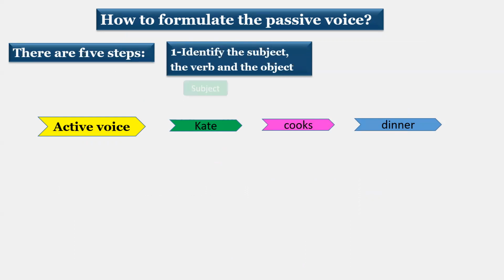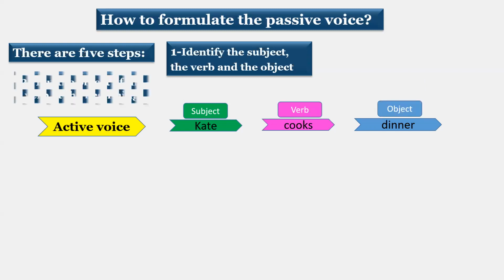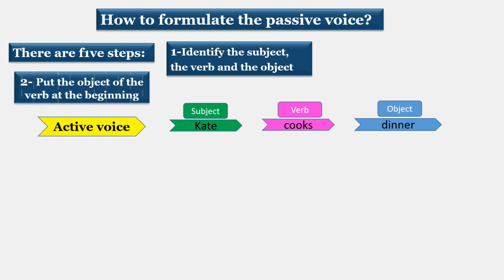So Kate is the subject, cooks is the verb, and it's in the present simple, and dinner is the object. Perfect. Number 2, put the object of the verb at the beginning. Dinner, which is the object, we put at the beginning of the sentence.